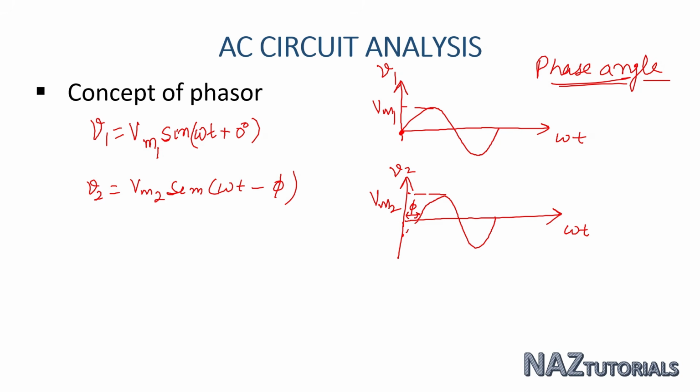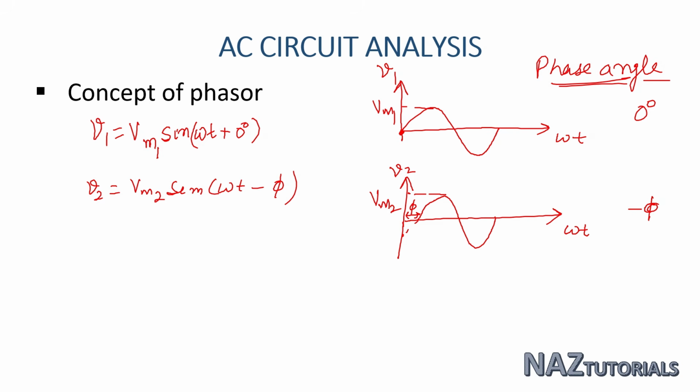In waveform 2, if you consider this omega t equals 0 as our reference point, then for this waveform this 0 degree is the phase angle. And if you consider the voltage waveform V2, the phase angle is minus phi. So this is the concept of phase angle, the angle made from the reference point.